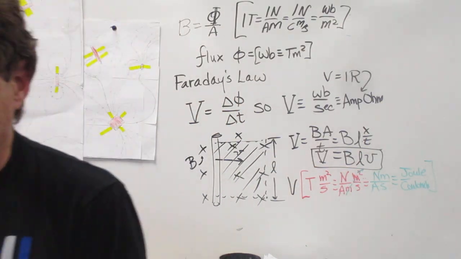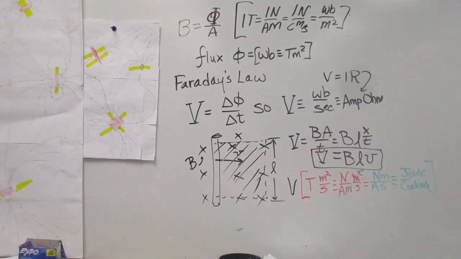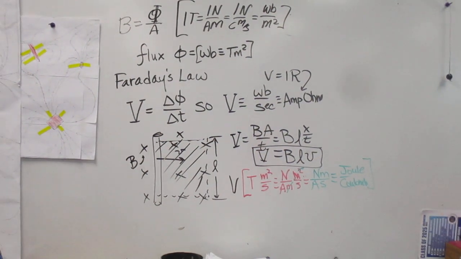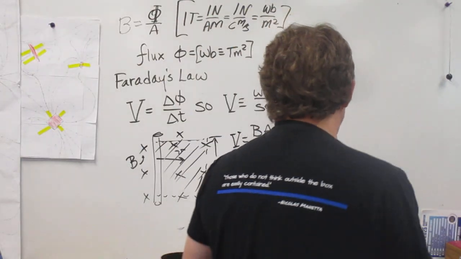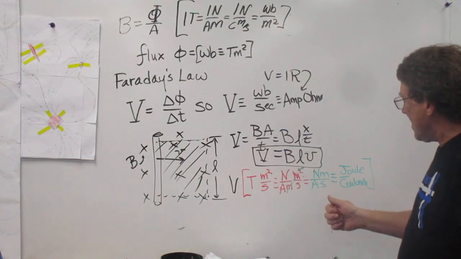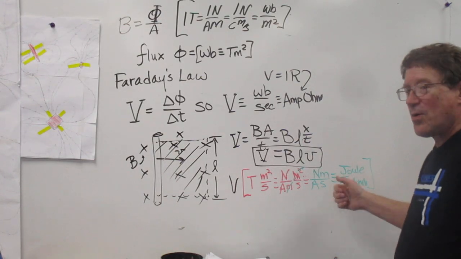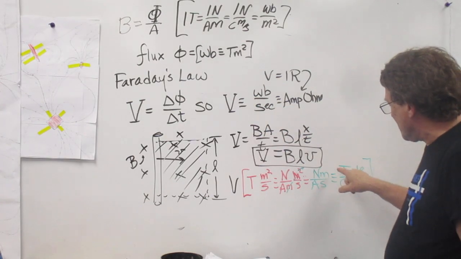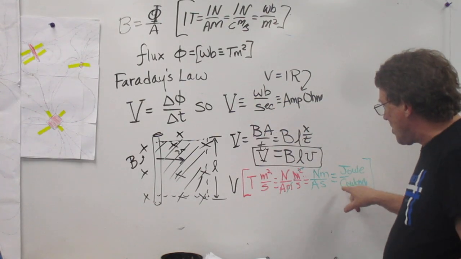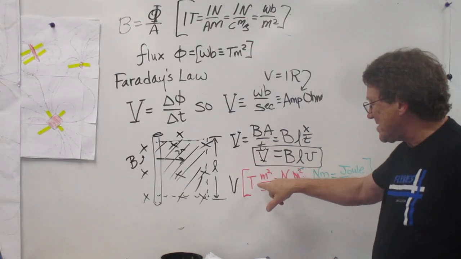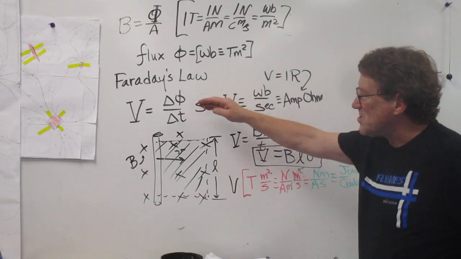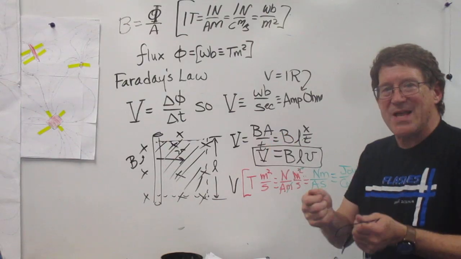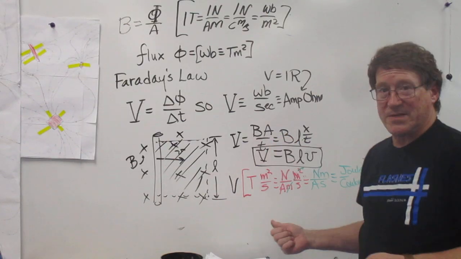And if you go back and recall, when we first thought about what is voltage, we said, look, it's joules of energy per coulomb to move a charge from one point to another. So a Newton meter is a joule, an amp second is a coulomb. So Tesla meter squared per second, a flux per time, is our same old friend, the voltage.